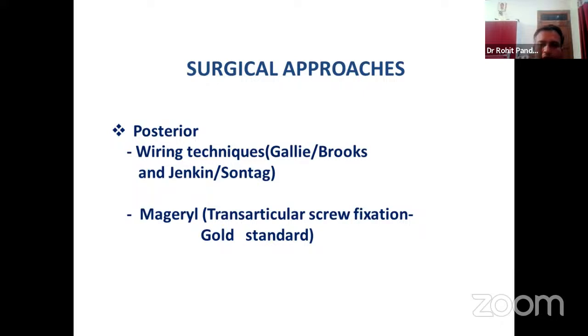And there was significant compromise of the rotational stability in case of wiring techniques. So later on, the technique which was introduced by Magerl was transarticular screw fixation, which is still considered the gold standard by many neurosurgeons, and it can be supplemented by wiring techniques further.